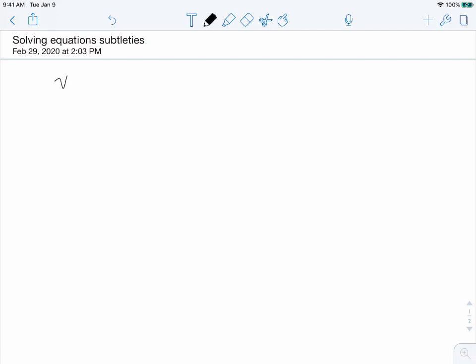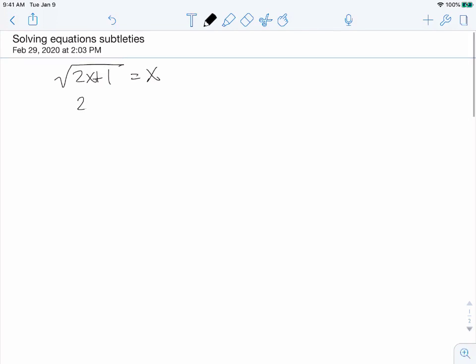Let's start with the equation radical 2x plus 1 equals x. To solve, we square both sides to get 2x plus 1 equals x squared, so x squared minus 2x minus 1 equals 0.